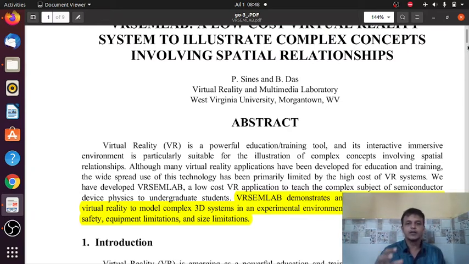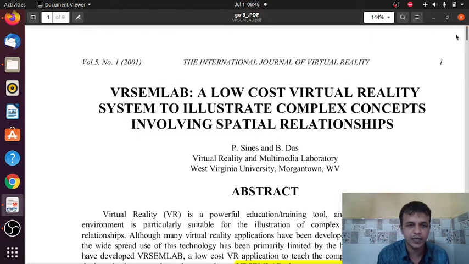But if these things are presented to the learners virtually, and if they are able to see the things, or feel or experience the things, it will be very easy for them to understand these concepts. And in this regard, they have created an experiment by creating a model called Virtual Reality Semiconductor Lab.